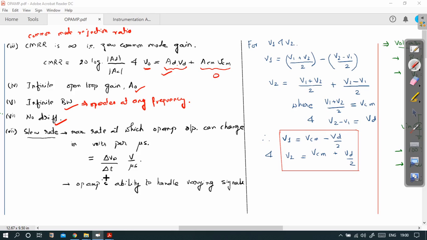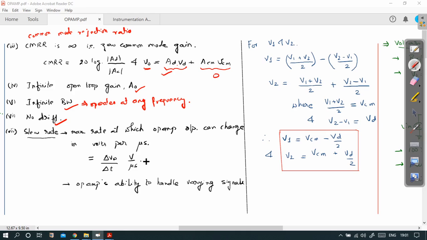Delta T is measured in microseconds, and delta V would be in volts. So it means how fast your output can change with respect to time. You can think of it as a kind of sensitivity of the op-amp.